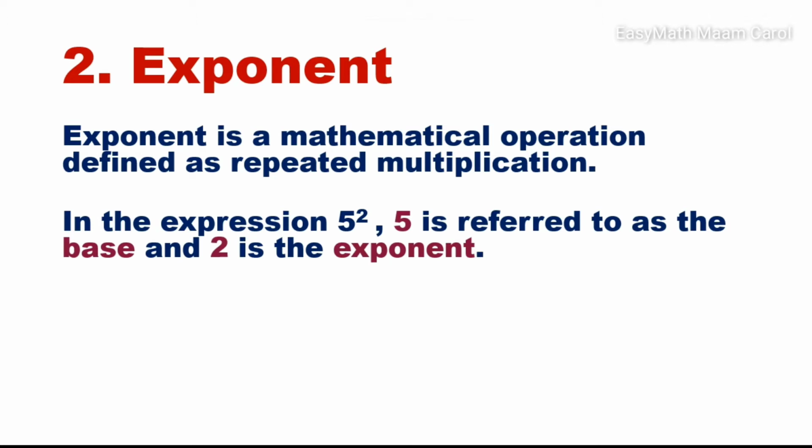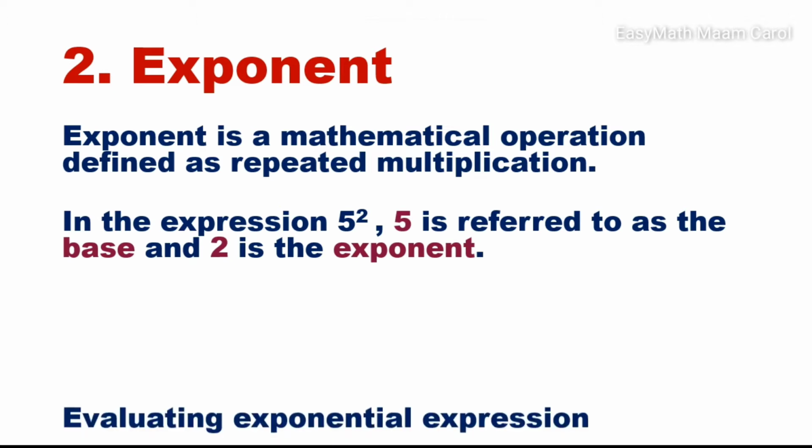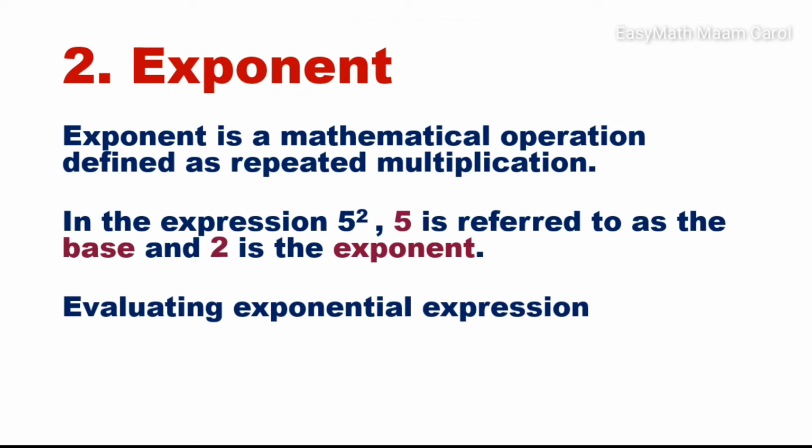In the expression 5 squared, 5 is referred to as the base, and 2 is the exponent. Now, evaluating exponential expression such as 5 squared, yan ay equal sa 5 times 5. Ibig sabihin nun, yung base natin na 5 ay dalawang beses natin imumultiply. So, 5 times 5, the answer for that is 25.